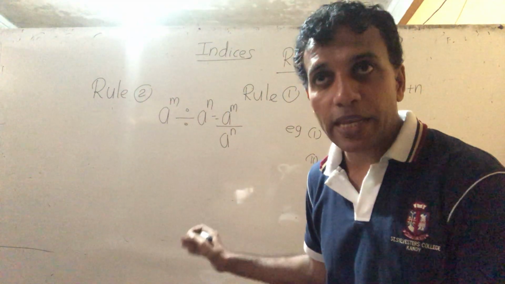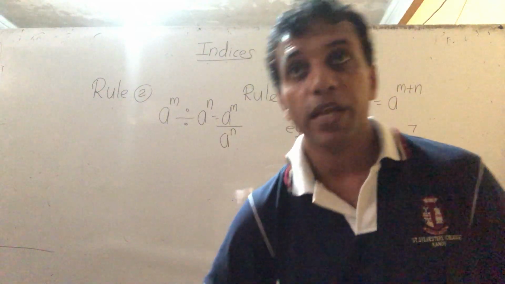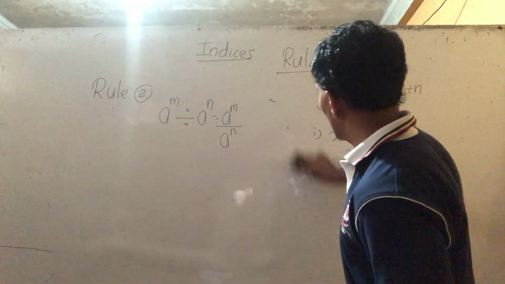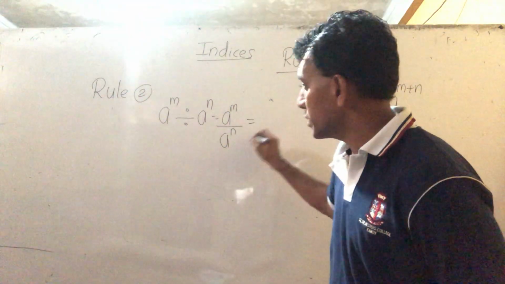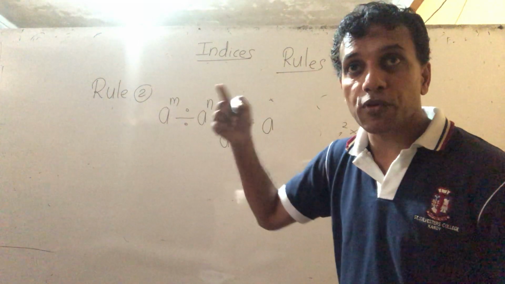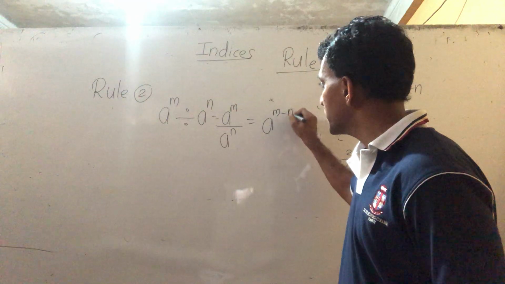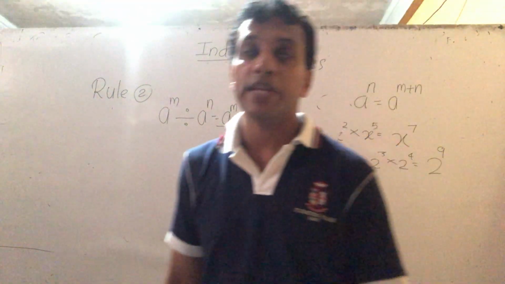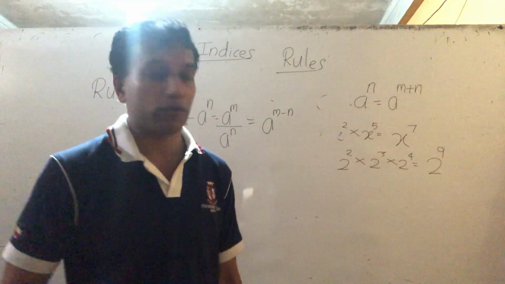It also has the same meaning, a dividing symbol or write a fraction. That also has the same meaning, right? Therefore the answer, bases are same, so subtract the powers, m minus n.